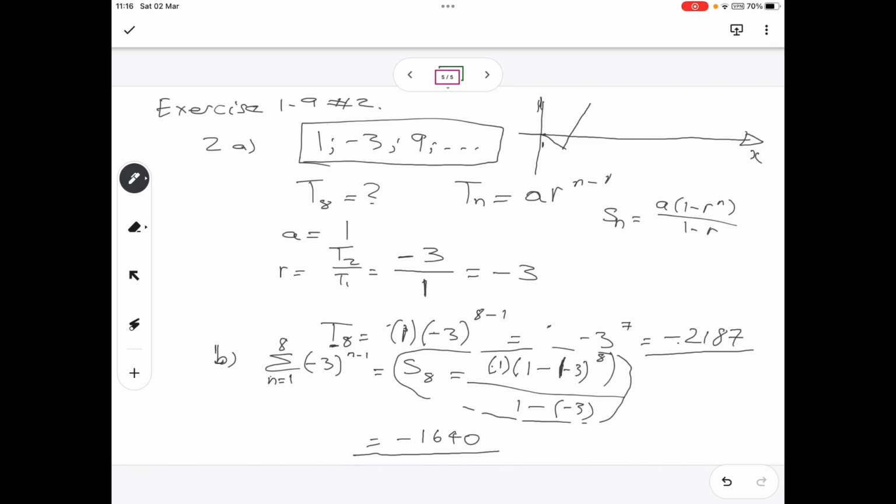So you go to -3, +9, -27, +81. So you swing from positive to negative in the number sequence that you follow, right? As long as you multiply by negatives.